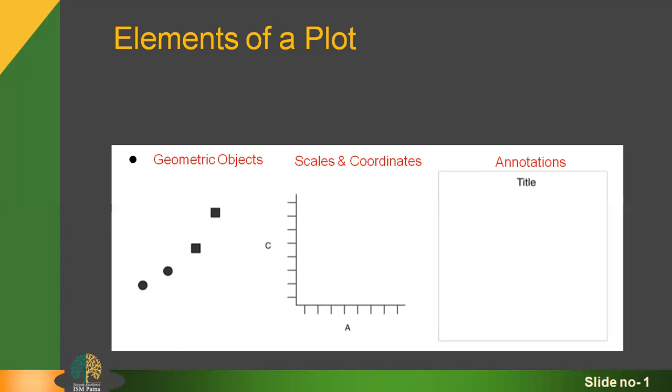And now see why these elements. The first thing is the scale and coordinates. That is very important. If you have seen graph paper, there are X and Y axes always. So you can put the value of variables on the Y axis, and you can put the value of constants on the X axis.